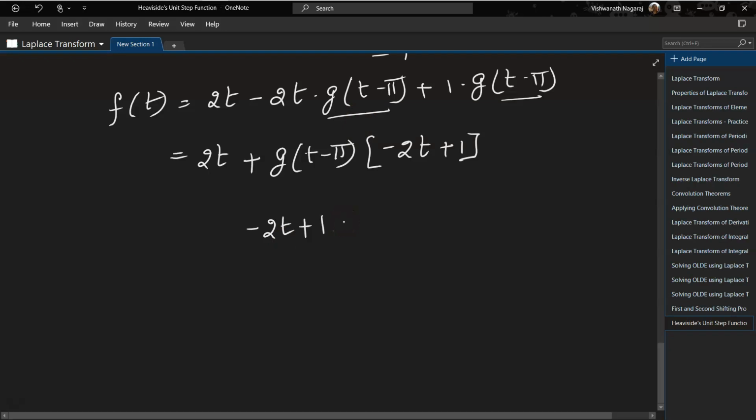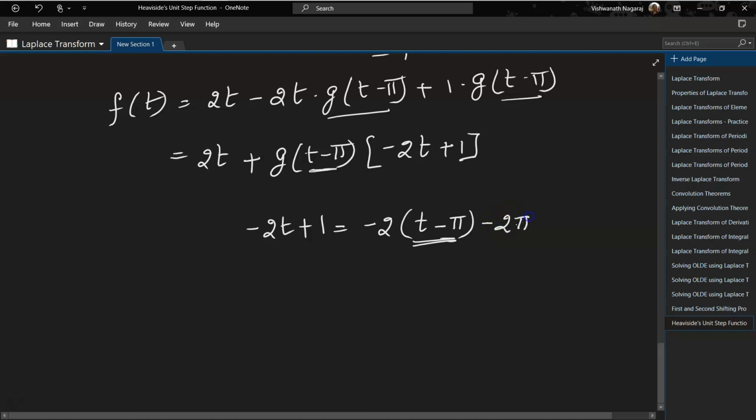Let's see. Minus 2t plus 1 is equal to minus 2. Let's take it out. So t, because this is plus here, this will be minus, and here we write pi. So basically we write whatever is what we require. So what we have ended up with is minus 2t plus 2 pi. So plus 2 pi is additional, so that means we have to neutralize it.